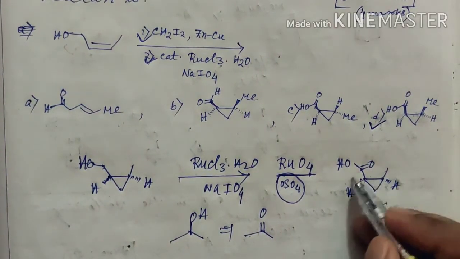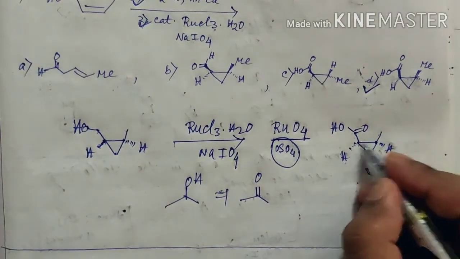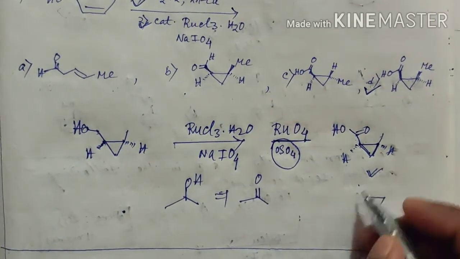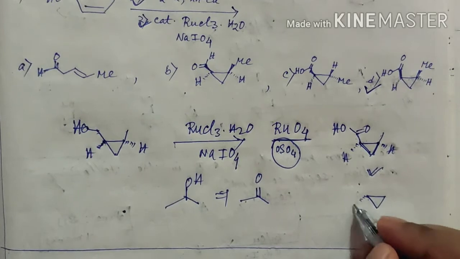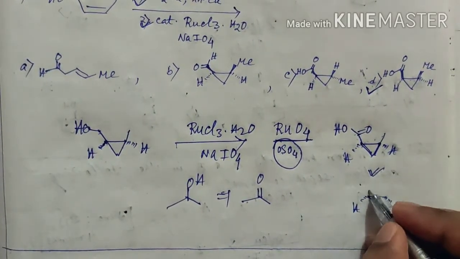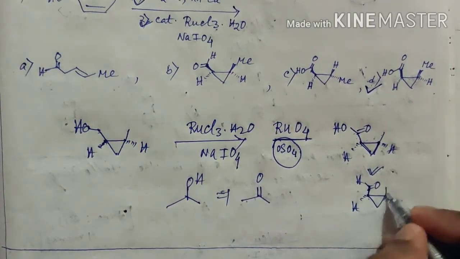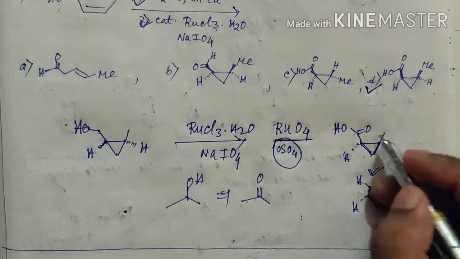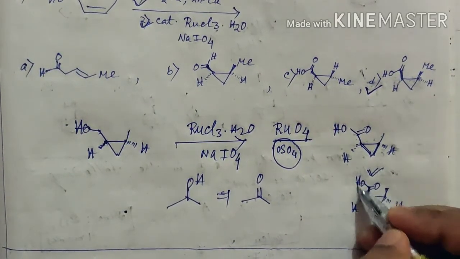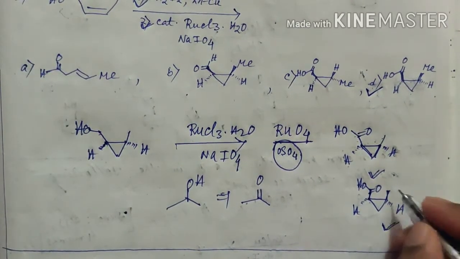And here, if we draw the stereochemistry of these two groups, if we draw the cyclopropane ring within a plane, then since the two hydrogen atoms are below the plane, these two groups will be above the plane. And the main point is that these two groups are on the same side. So option D is the correct answer.